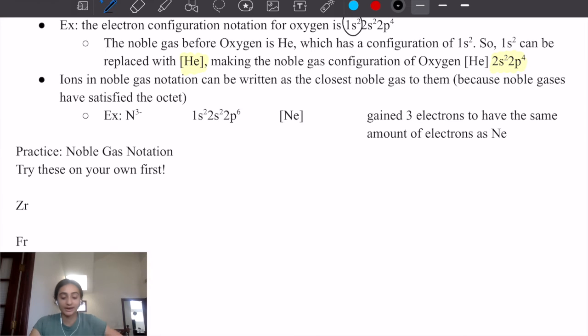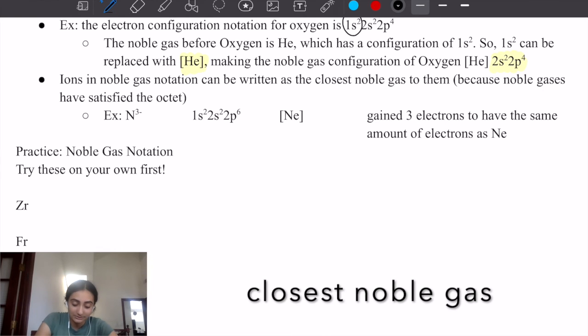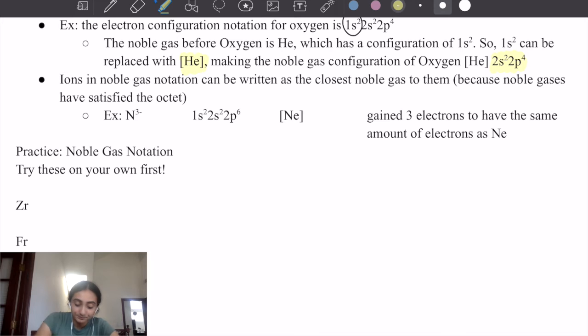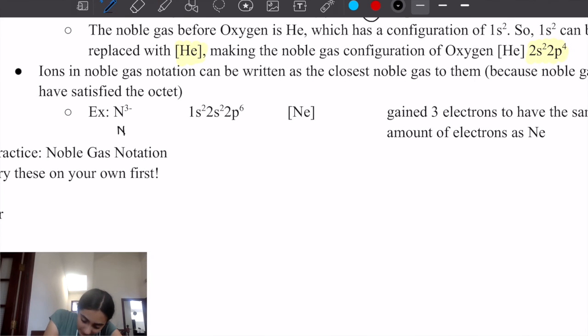We can also write noble gas notation for ions. We know that ions are atoms that have gained or lost electrons in order to fill their octet rule, and we also know that noble gases have 8 electrons in their valence shell. So when an atom becomes an ion, it will have the electron configuration of the nearest noble gas. As an example, nitrogen, the atom, has an electron configuration of 1s2, 2s2, 2p3.